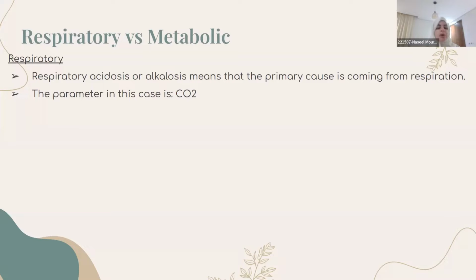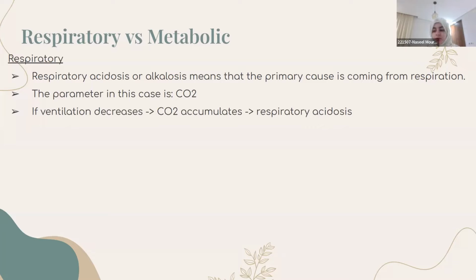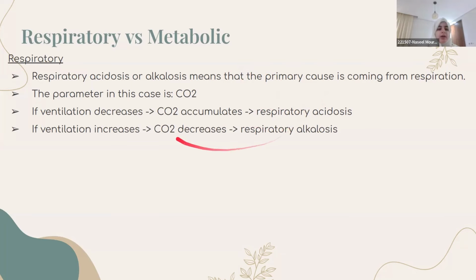So if we start breathing less, what's gonna happen? Am I gonna excrete or exhale more carbon dioxide? No, my carbon dioxide is gonna accumulate in my lungs and in my blood, and this will give me respiratory acidosis. Now, if the ventilation increases, meaning that I start breathing rapidly, I'm exhaling more and more carbon dioxide. And so this gives me a form of respiratory alkalosis.